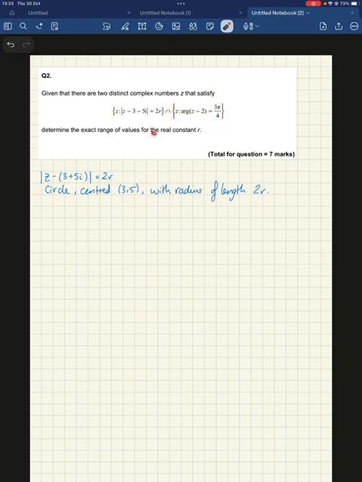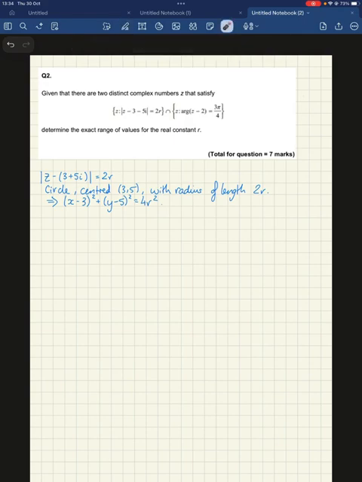So we'll have to find a range of values for r. What we're going to have to do is equate the equations, but to find the equations we have to convert to Cartesian. So this implies that we have (x minus 3) squared plus (y minus 5) squared is equal to (2r) squared, which is 4r squared. So this is our circle.